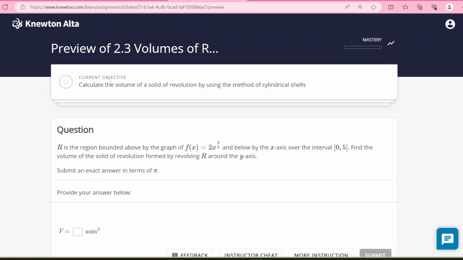So now, the first question I'm seeing, the objective here is: calculate the volume of a solid of revolution by using the method of cylindrical shells.